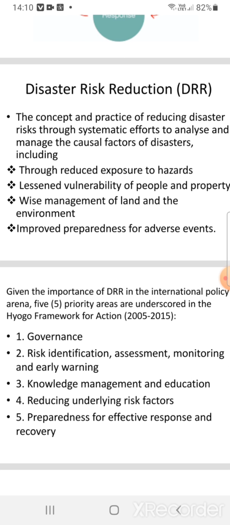Then we manage the causal factors of disaster, which also will include the exposure to hazards, the vulnerability of the people and property, and the wise management of land and the environment. Then finally, it will include improved preparedness for adverse events.